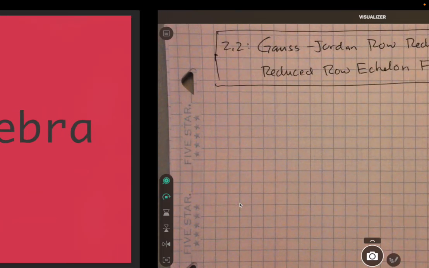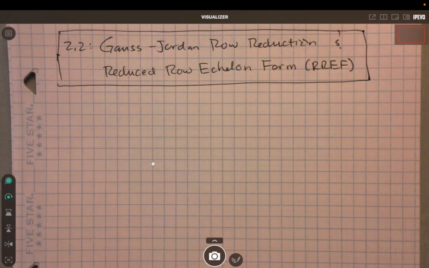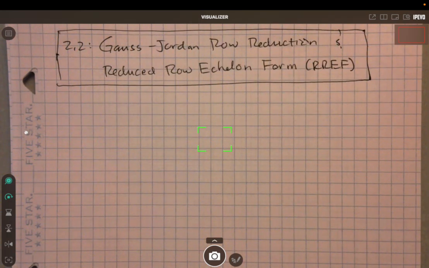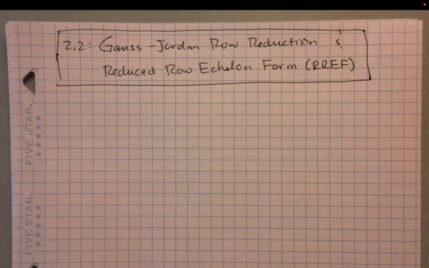So let's go ahead and jump into it. We'll call this section 2.2, and this will be Gauss-Jordan row reduction and reduced row echelon form, frequently abbreviated RREF.